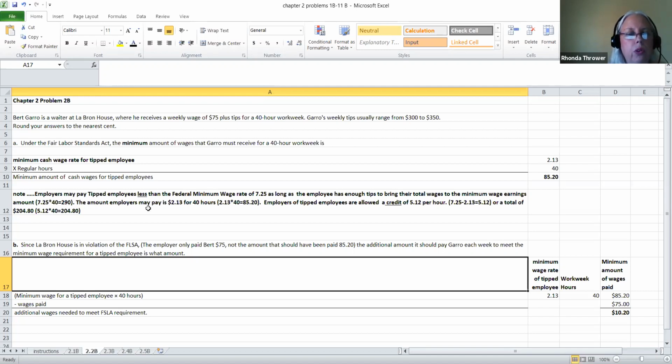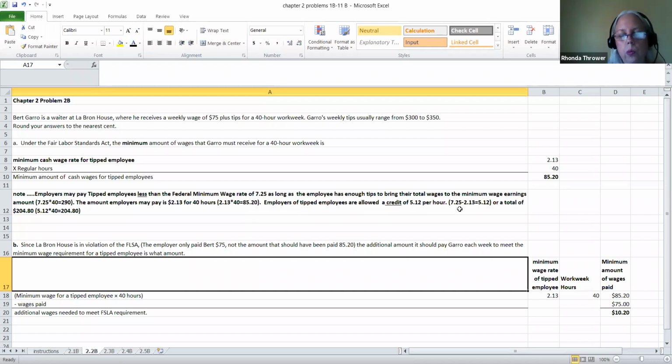The amount employers may pay is $2.13 for 40 hours. This is according to the Fair Labor Standards Law. If you're paying a tipped employee, you can pay them $2.13 per hour for 40 hours, which would amount to $85.20, like we calculated earlier. Employers of tipped employees are allowed a credit of $5.12 per hour.